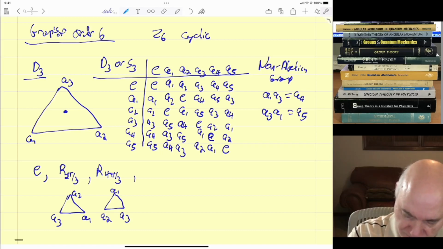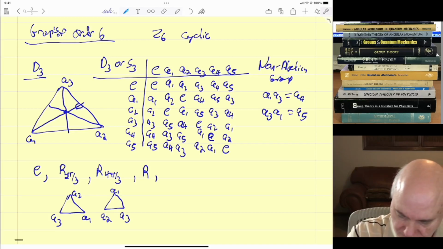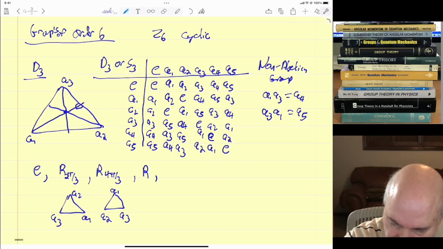But now I can also do reflections. I can reflect about this perpendicular bisector, and this perpendicular bisector, and this perpendicular bisector.